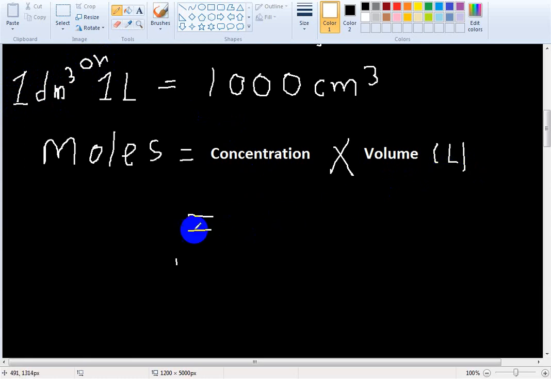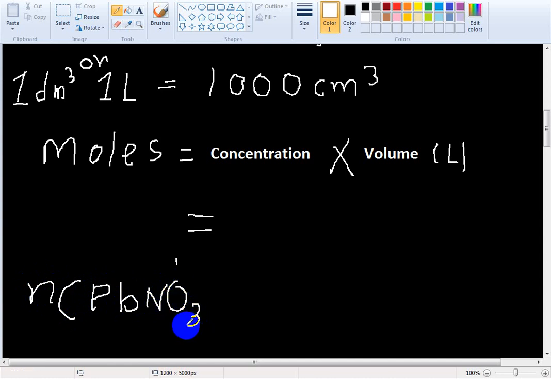Concentration is 1. The first reactant is lead nitrate. So I am finding the number of moles of lead nitrate.